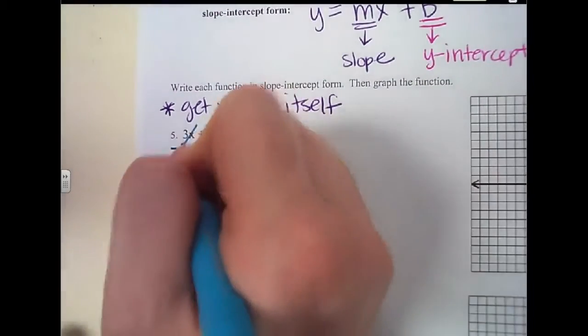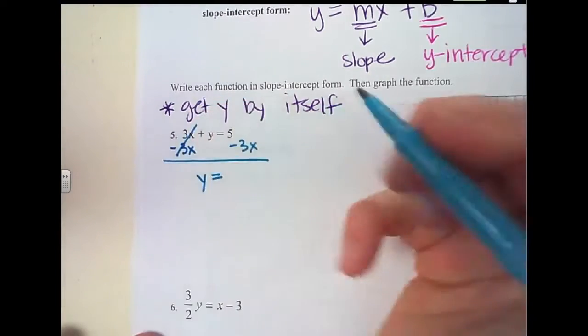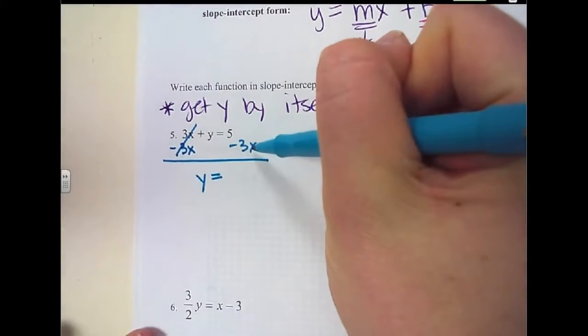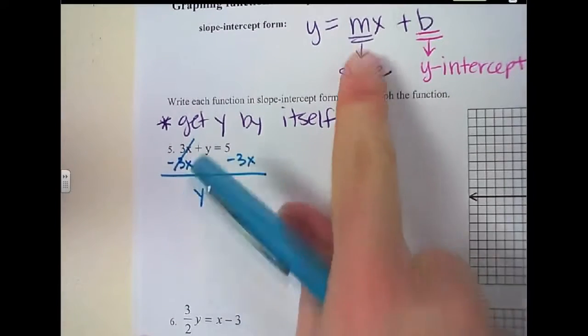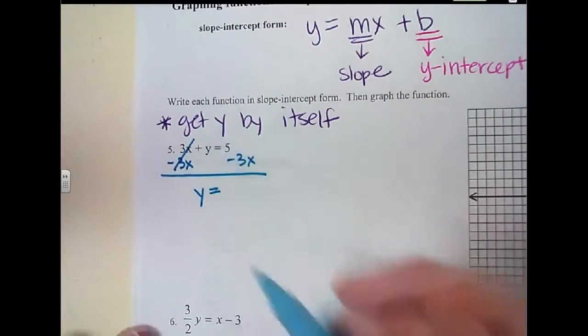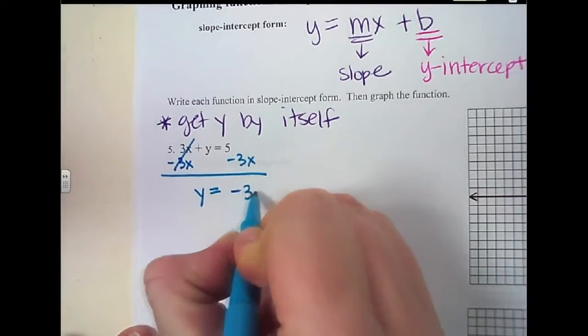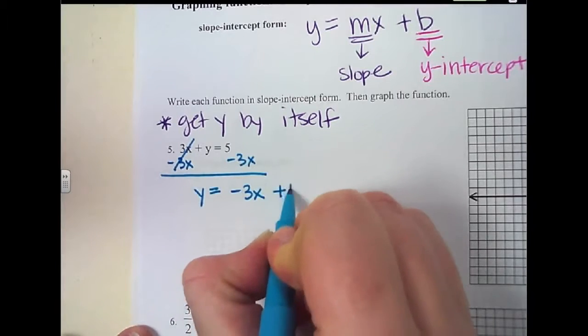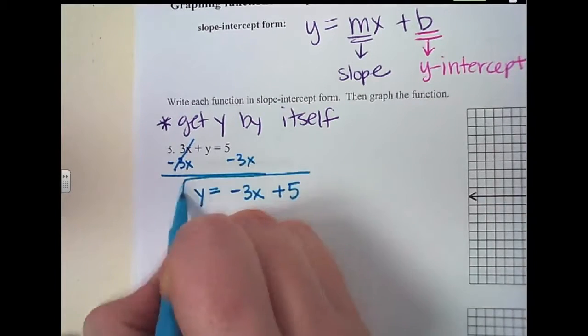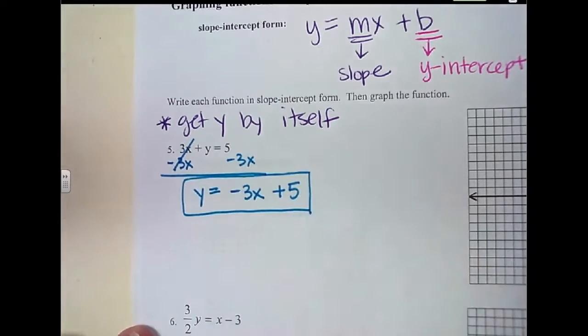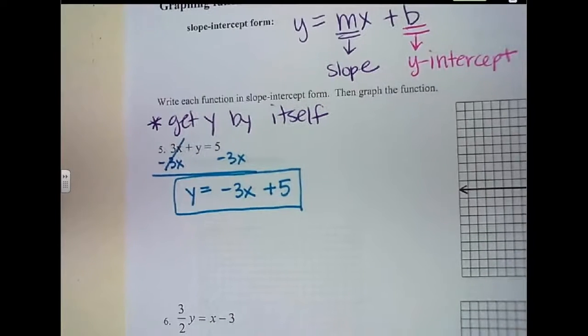So this is gone. Y equals, can I combine these? No. And I want to write it in slope-intercept form. So I put the x first. Because it's a negative 3x, I leave that. And then it's a positive 5. So there's my answer. Negative 3x plus 5.